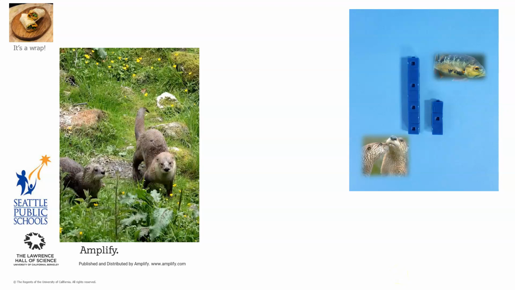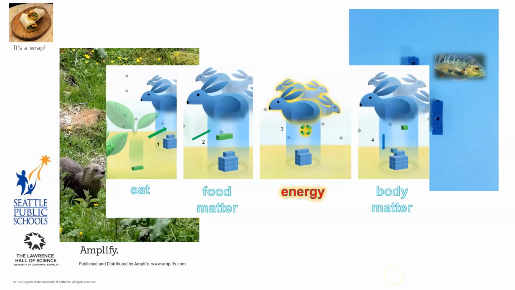We use the items around the house to show how an otter grows when it eats a fish. And we use the sim to show us that sometimes food matter is used to build the body of the animal so it can grow.